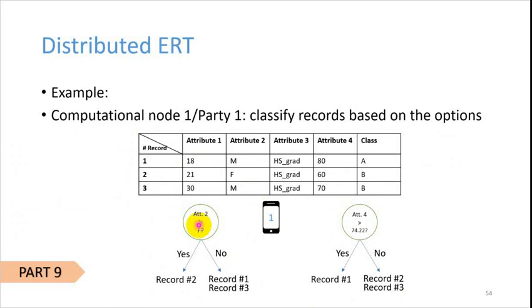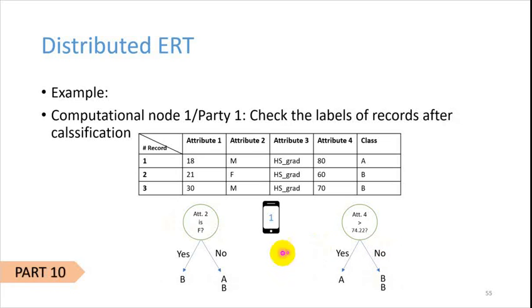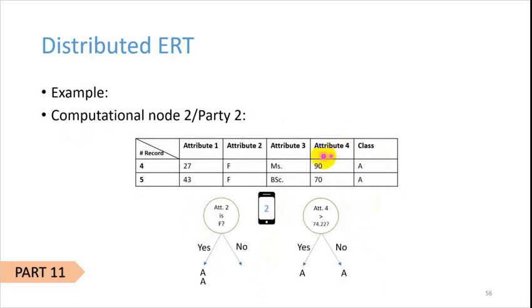This is for option 1 and this is for option 2. And when we replace the labels of those records after classification, we would have something like this. We do the same process on computational node 2 with its own data, and we will have such results.